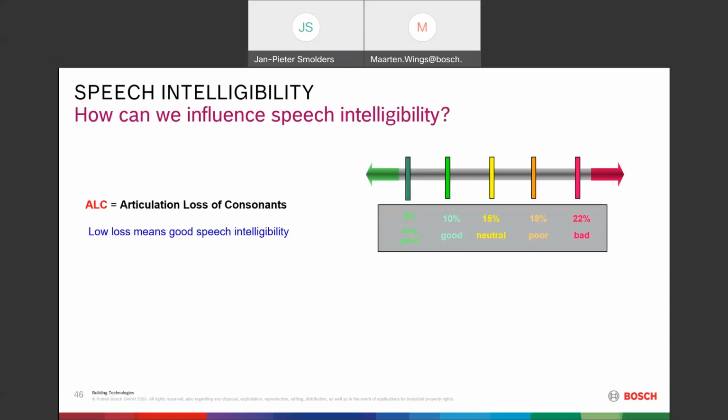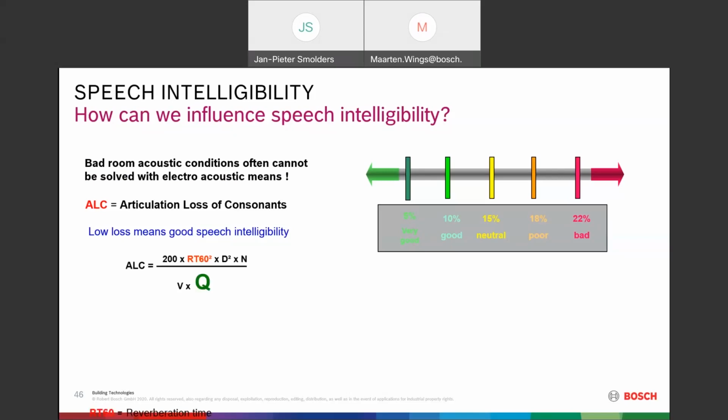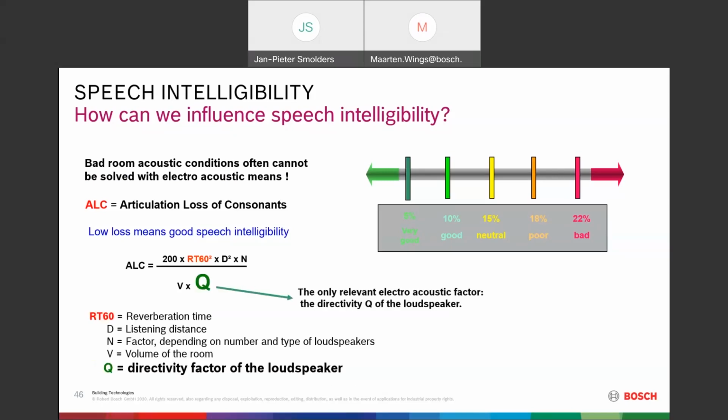If you look at Alcons, the articulation loss of consonants, a low loss of consonants of course means good intelligibility, and there's a way to calculate this, taking all the acoustics and the electroacoustics into consideration. Be aware that bad room acoustic conditions often cannot be solved with electroacoustic means.